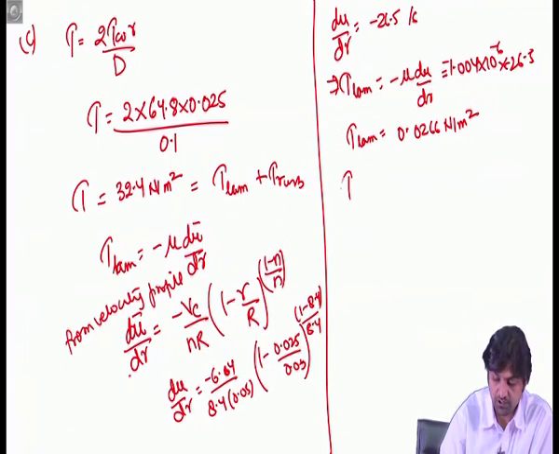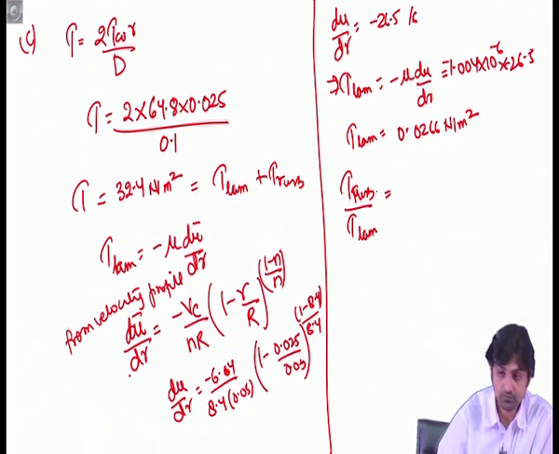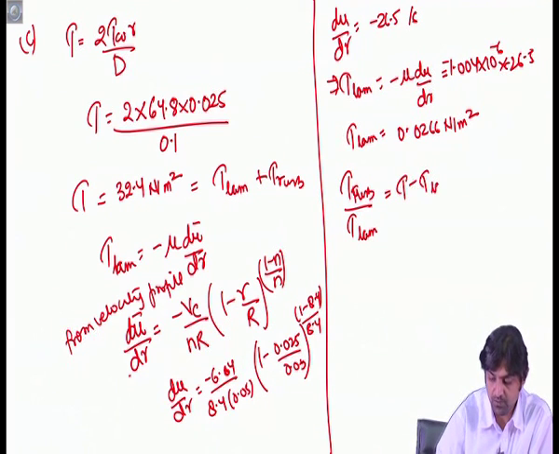So the ratio of tau turbulent to tau laminar will be tau minus tau laminar divided by tau laminar.